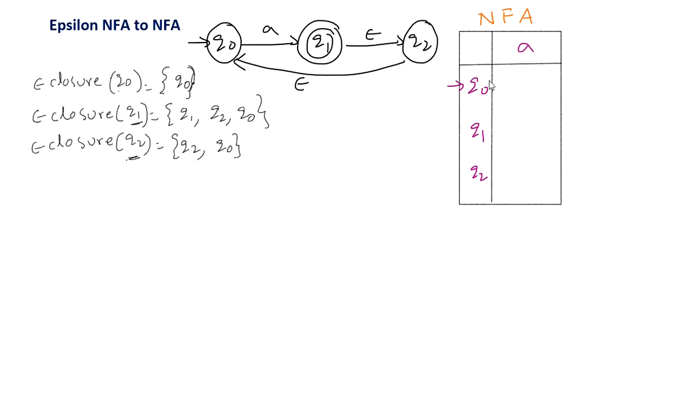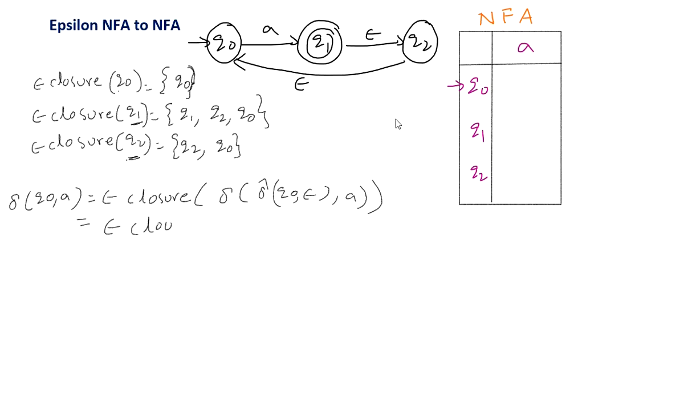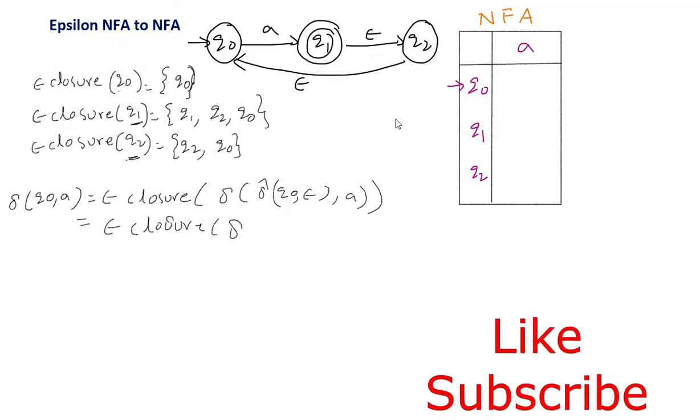Now we need to calculate Q0 on A. To calculate this, we need to use the formula: delta of Q0 on A is defined as epsilon closure of delta cap of Q0 on epsilon, on A. That means epsilon closure of delta cap of Q0 on epsilon, which is nothing but epsilon closure of Q0.